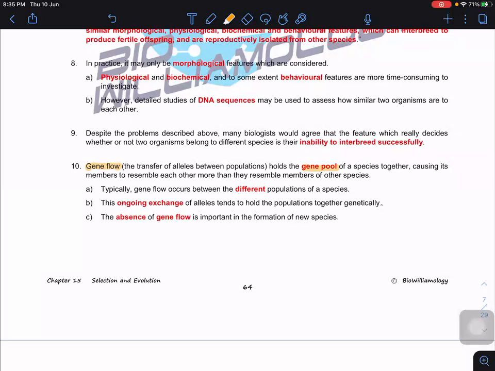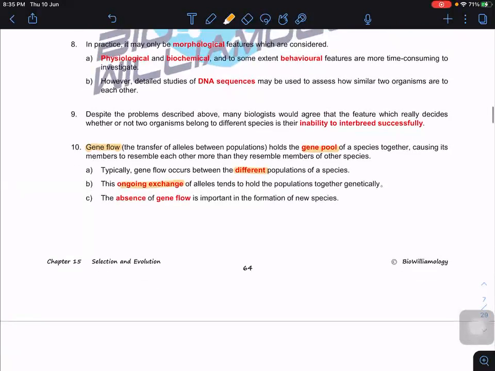Therefore, speciation won't occur. Typically, gene flow occurs between different populations of a species, the ongoing exchange of alleles holding the populations together genetically. And the absence of gene flow is important for the formation of new species.